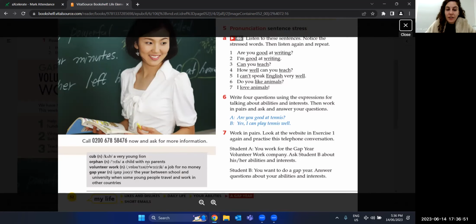Orphan, a child with no parents. Volunteer work, a job for no money. Gap year, the year between school and university when some young people travel and work in other countries.